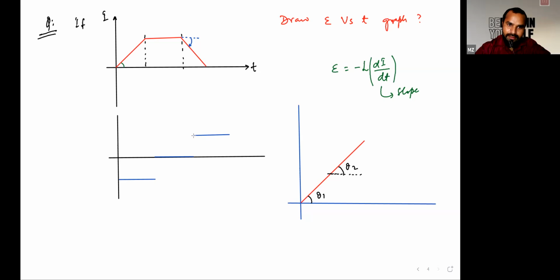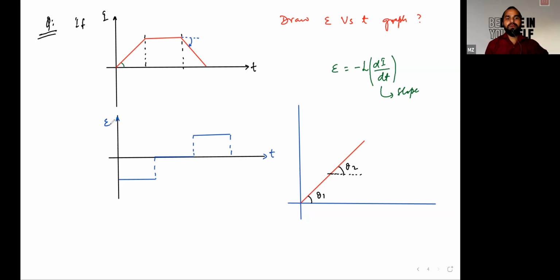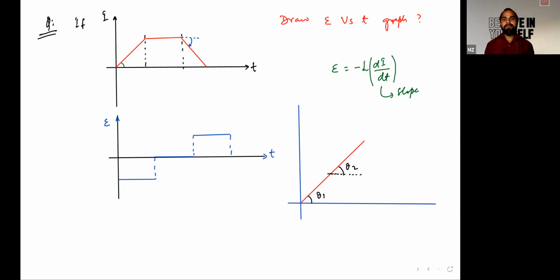So it will be like this. So the nature of graph for this particular current versus time, we're converting into EMF versus time, it will be like this. Is it clear to everyone? Yes, sir. Okay, just draw this.